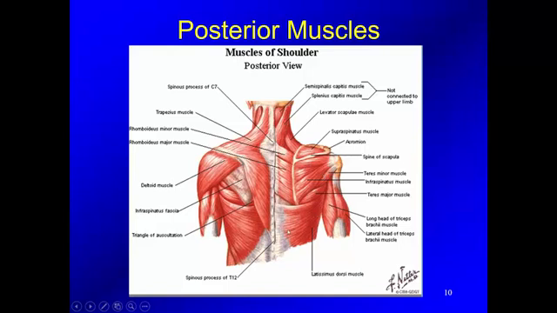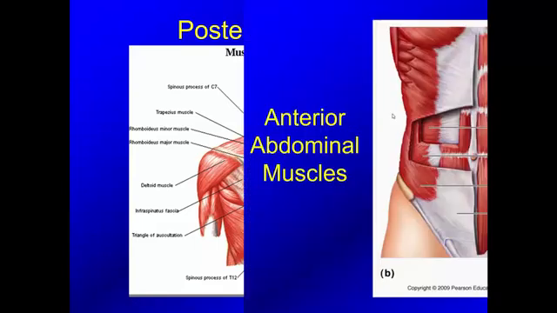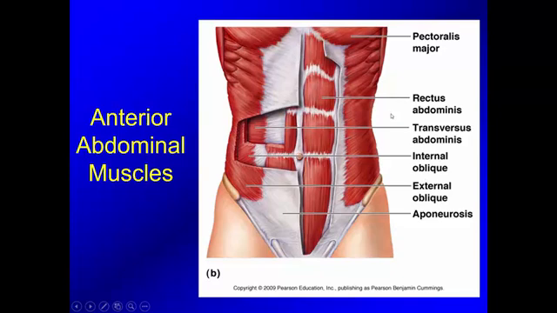The latissimus dorsi is the large back muscle, and the splenius muscles help hold up the neck. Your abdominal muscles, the outermost is the external oblique, and then internal oblique in the middle, and transverse abdominis, the deepest one. These muscles here, attached by aponeurosis in between, is the rectus abdominis.